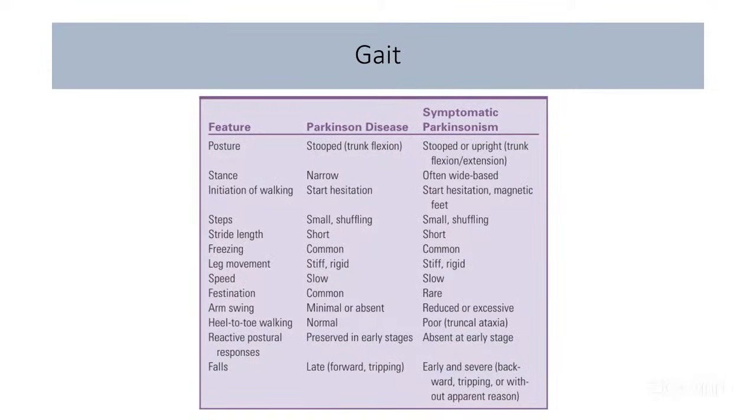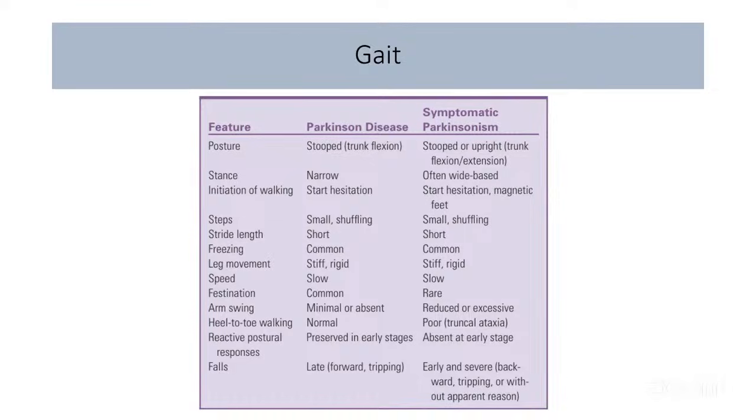The stride length will be short in both, and freezing is common in both. Leg movement will be stiff and rigid, and speed will be slow. Festination is little, more common in Parkinson disease compared to other Parkinsonism. And arm swing will be minimal or absent.